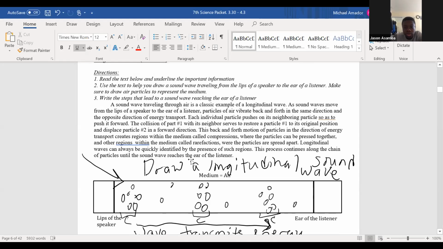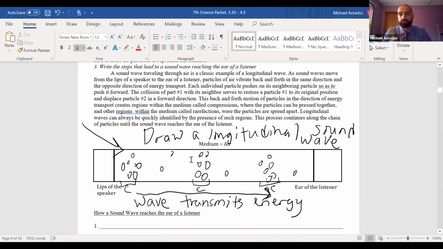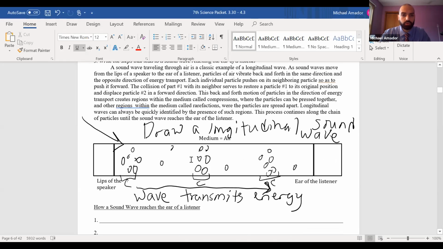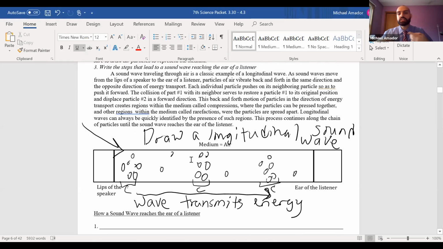I'll start you off so you know what I mean by that. So for example, when the speaker speaks, their vocal cords vibrate back and forth, and they hit the particles in the air. So it compresses the particles in the air, and one particle then bumps into another particle. What do you think? Continue on from there.